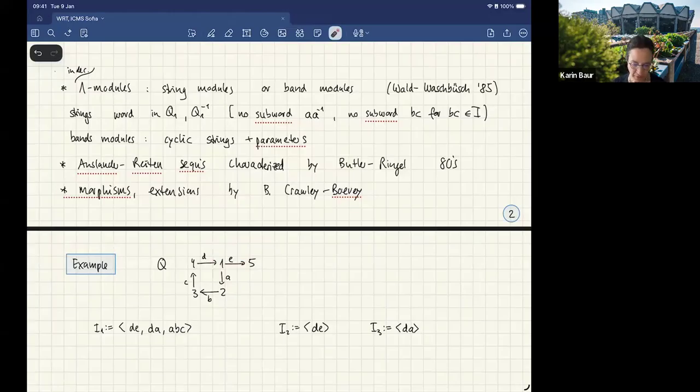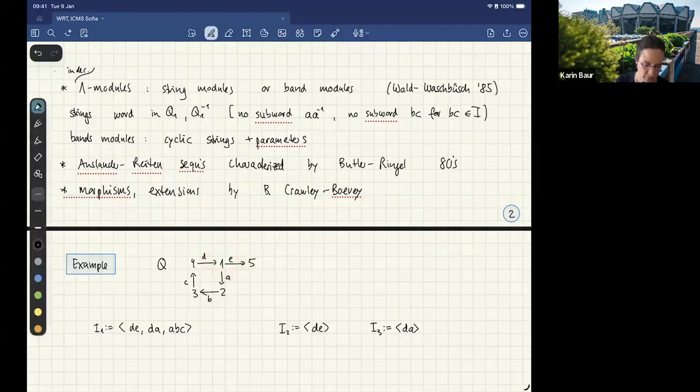I1 is generated by setting dE to be 0 and dA, and then there's this longer relation, ABC. Well, this cannot be gentle because around 1 we have too many relations. But it is a string algebra.